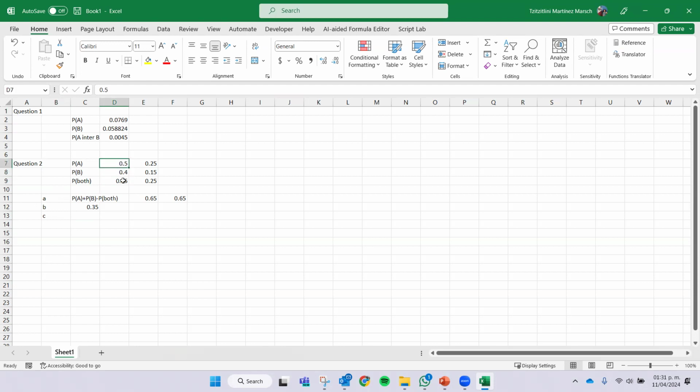You could by default say it's 0.5, but remember that this 0.5 still has the intersect. Since we don't want the intersect, it's actually this 0.25. It's this 0.5 minus the intersect, which is 0.25.